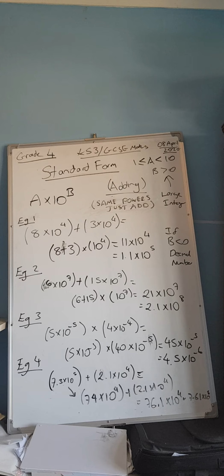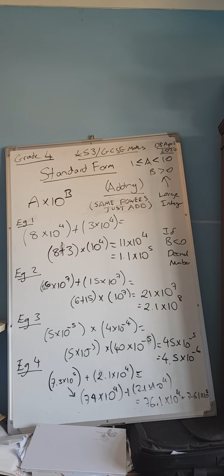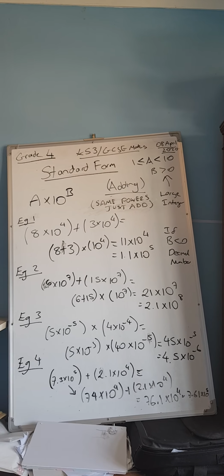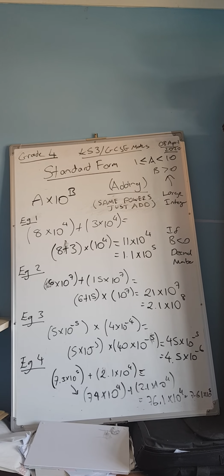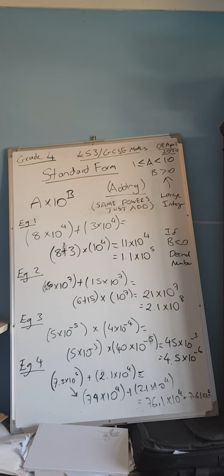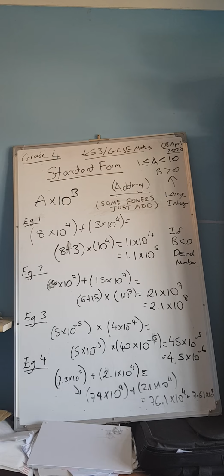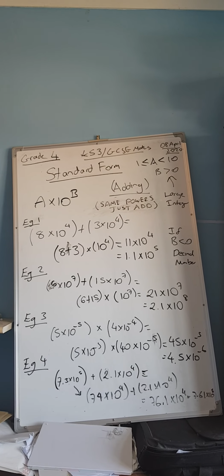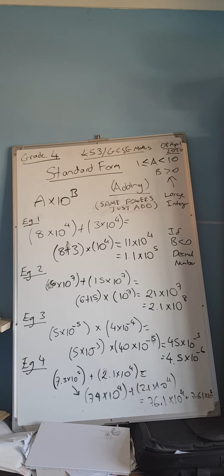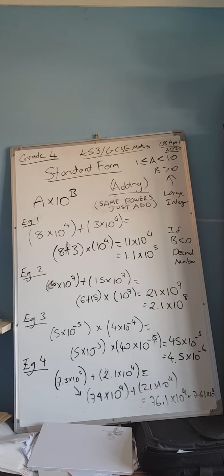But I've done a different method, just to mix it up. There is always more than one way to work out your answers, and as long as you show your full workings in maths, it doesn't matter which method gets you the answer.